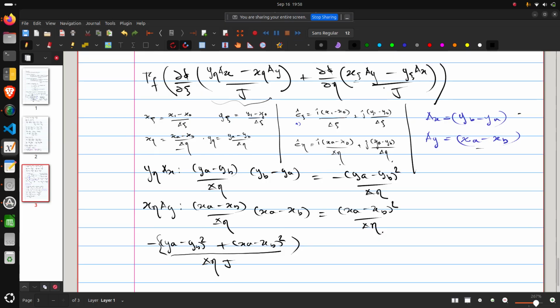And what about this term? Let's look at this term once.